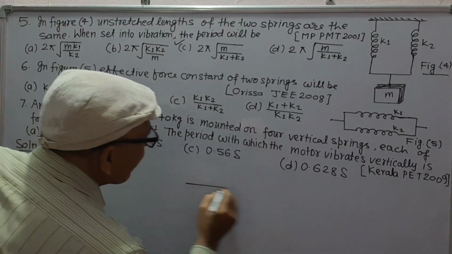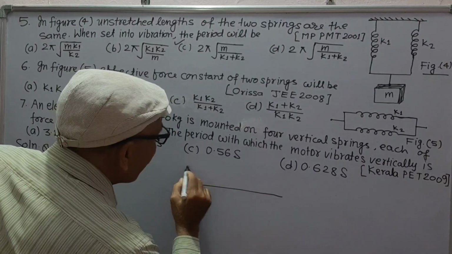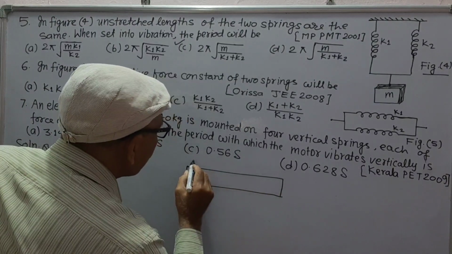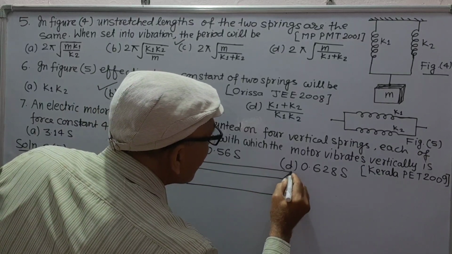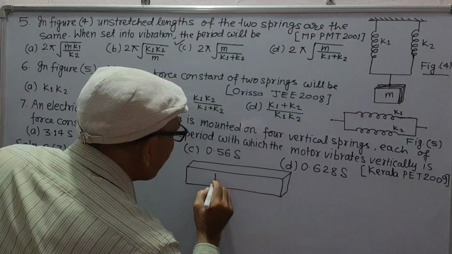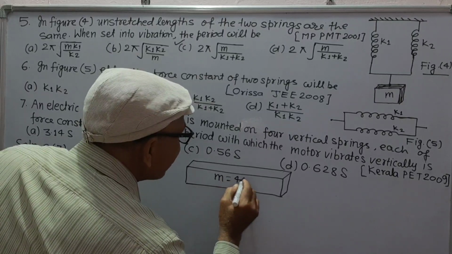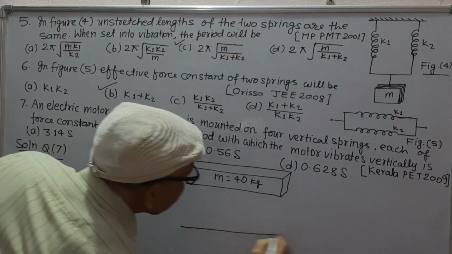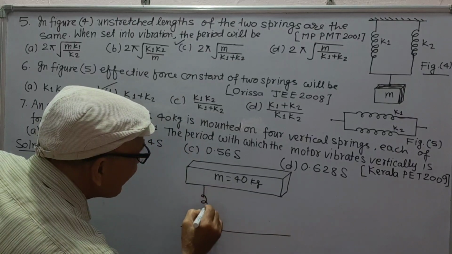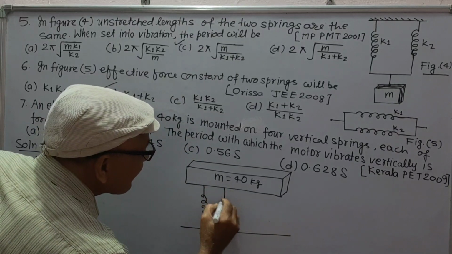Suppose this is the electric motor of mass 40 kg. It is placed on 4 identical springs.